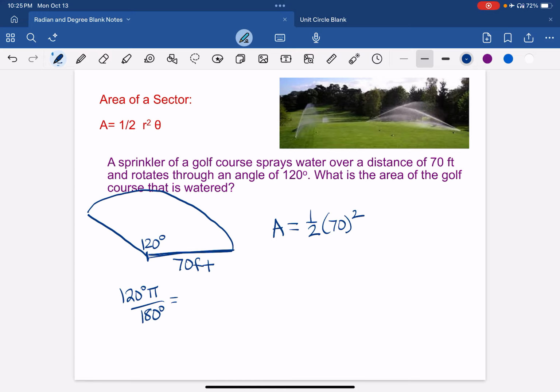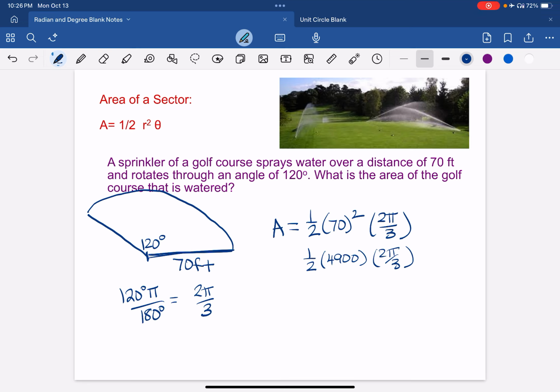So that would be 2 pi over 3. Okay, so we get 2 pi over 3. Okay. 70 squared is 4,900. Times 2 pi over 3. And we're just going to calculate that.